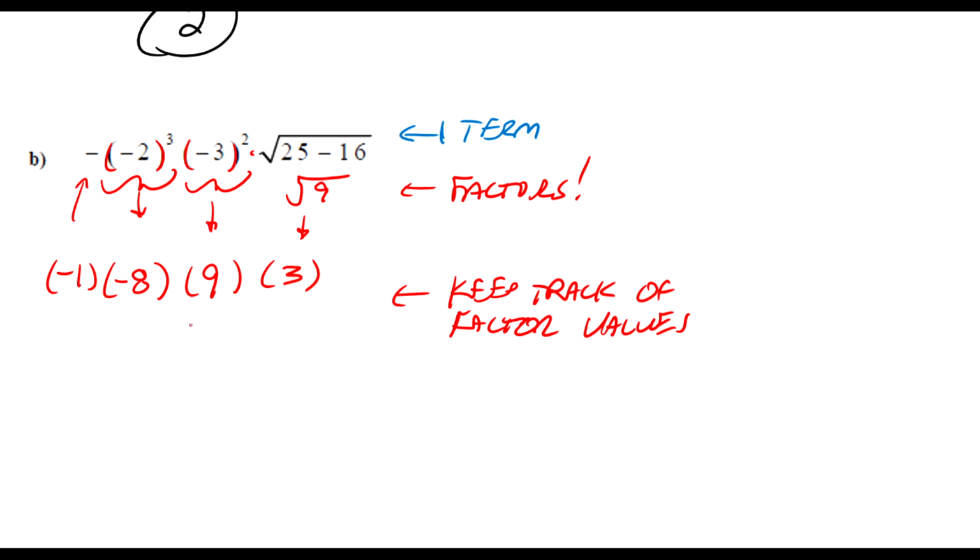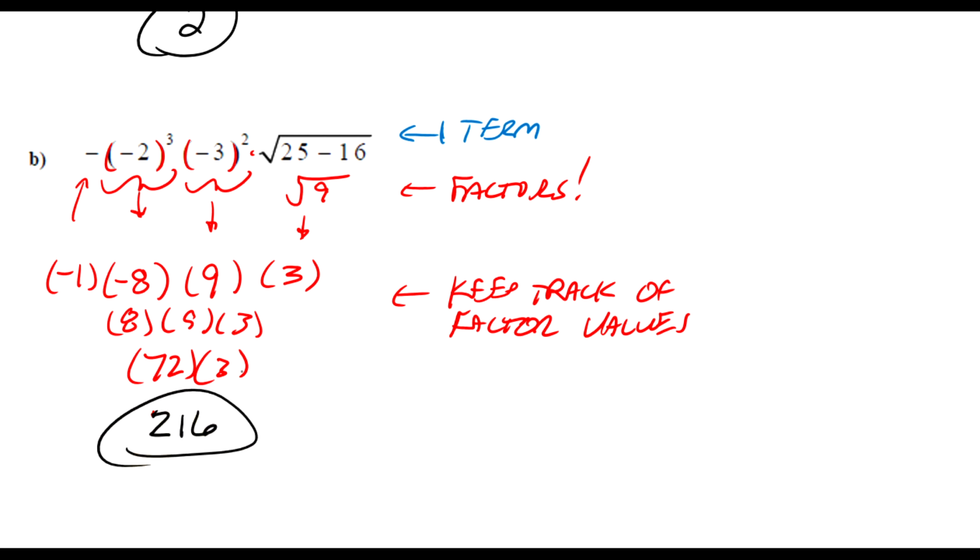Once I have all my factors, I can start multiplying. So -1 times -8 is 8 times 9 times 3. Well, 8 times 9 is 72 times 3, which would be 200, no, excuse me, yeah, 216.